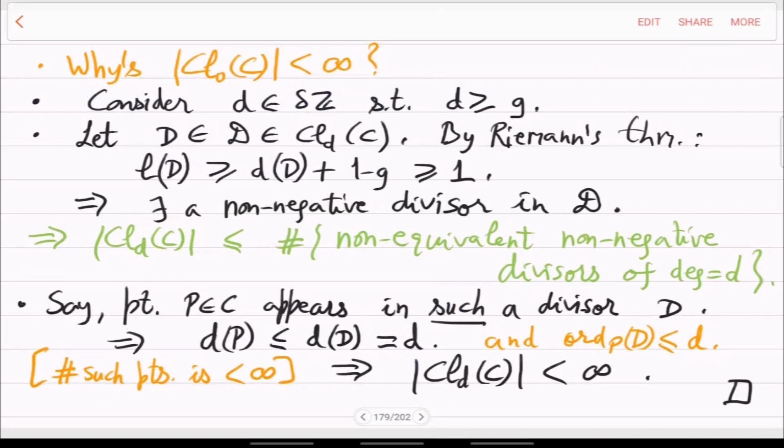Why is this number finite? The way we had defined class group, it seemed to be infinite. We showed CL^D and CL^0 are the same and then counted CL^D. So actually that needed a proof. We showed on the first slide that the degree 0 class group is actually finite.